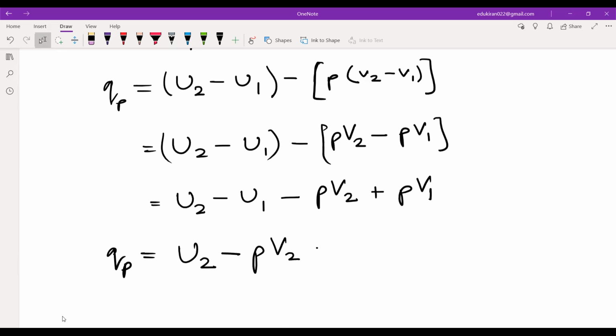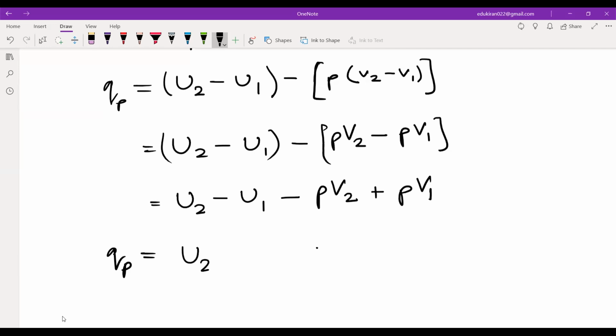So we can write this as U2 minus PV2 plus PV1. The U2 is having a positive sign, and then we have V2 minus V1.